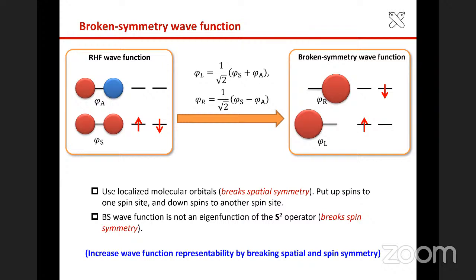Oh, yeah, so if we use the restricted Hartree-Fock wave function, the alpha and beta electrons occupy the same spatial orbital. So it means that this Hartree-Fock orbital is already an eigenfunction of the density matrix, giving, for example, this phi s an occupation number of 2, and phi a an occupation number of 0.